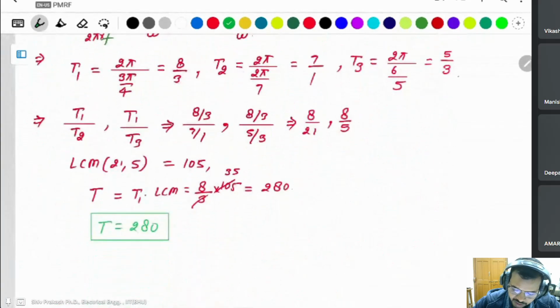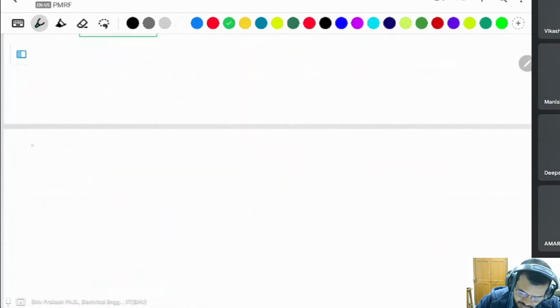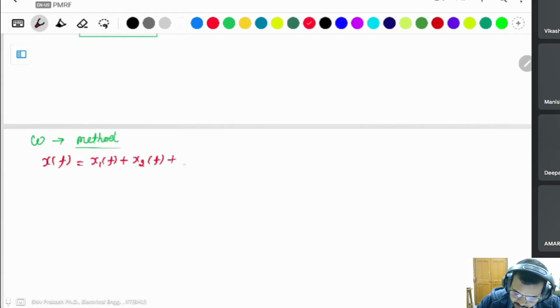Second is the omega method. I wrote the same thing. x(t) is x1(t) plus x2(t) plus x3(t).